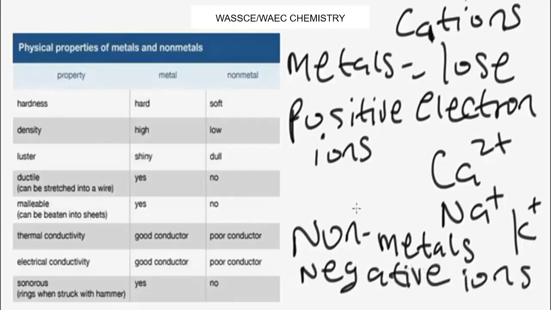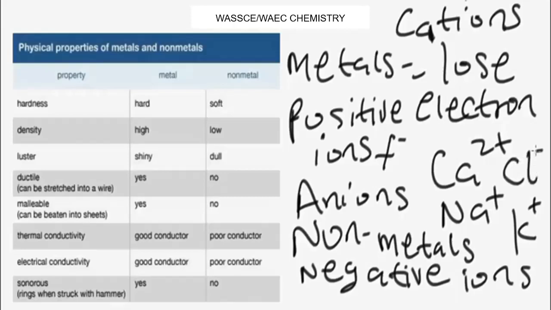Negatively charged ions are also called anions. So we can call non-metals anions. Examples of non-metals include elements in group 6, 7, and 8 of the periodic table. Typical examples are our chlorine ion and the rest of them.